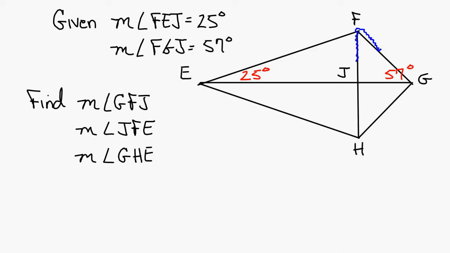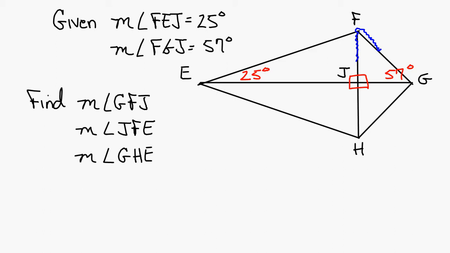What will make this a lot easier is if you add into this diagram the fact that the diagonals intersect at 90 degrees. So all of these are 90-degree angles, which makes this triangle in the upper right-hand corner a right triangle.